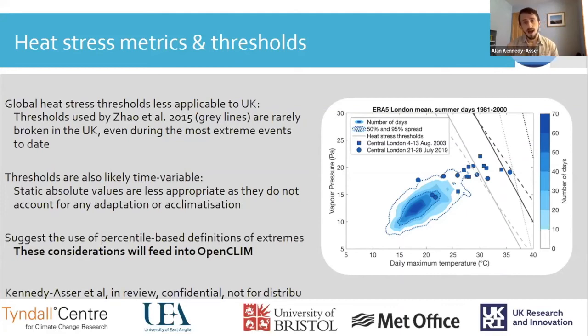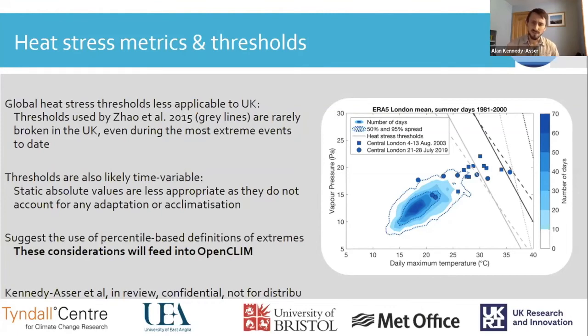And then I've overlaid that with, using ERA5 reanalysis data, the vapor pressure and temperature that's generally observed in Greater London during the summer, as well as the Greater London temperature and vapor pressure during two major heatwave events: the August 2003 event and July last year when the record temperature was set.